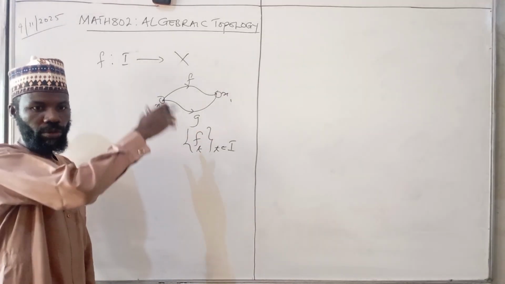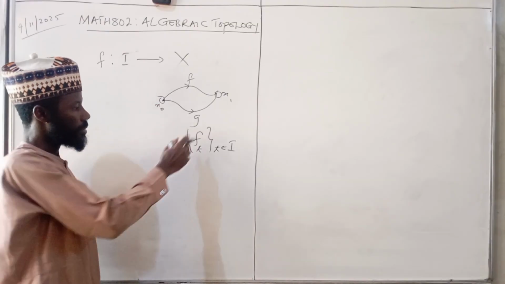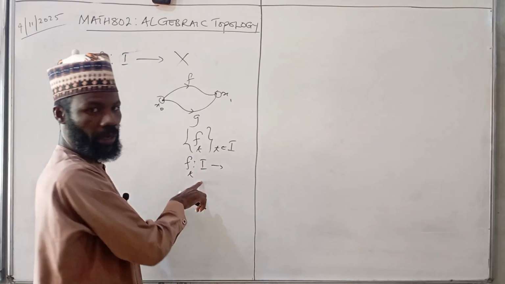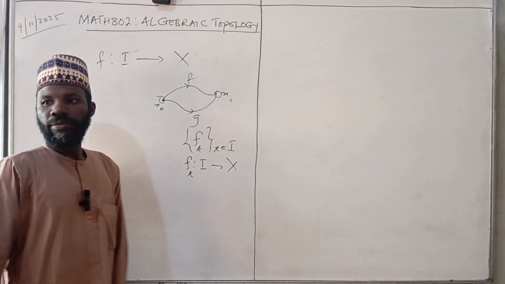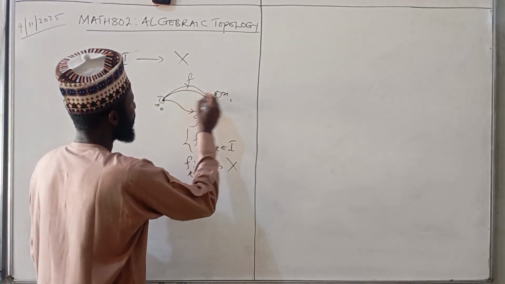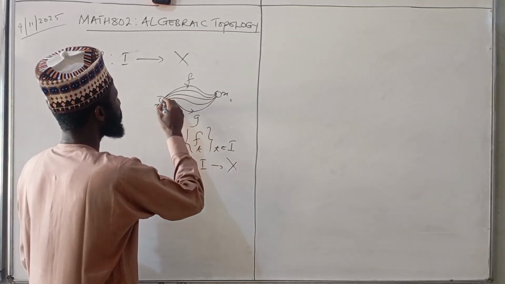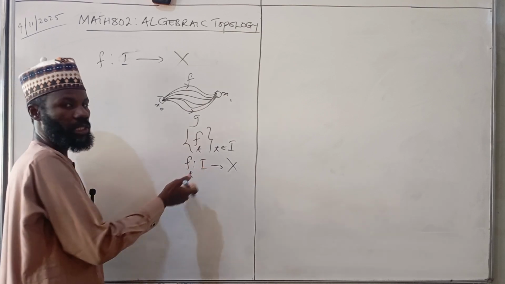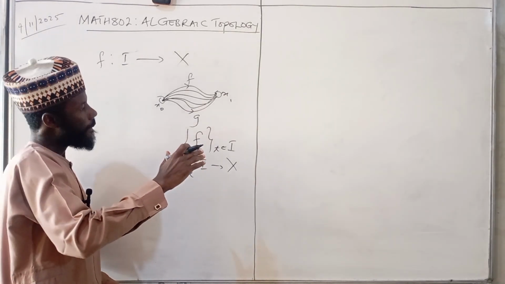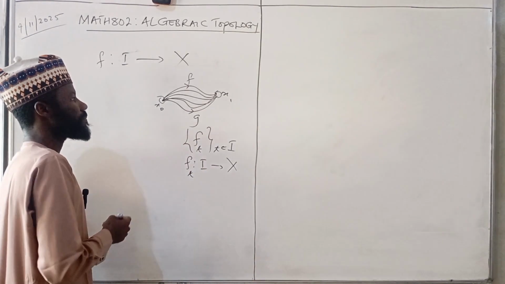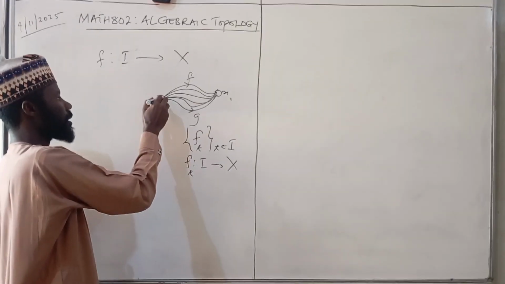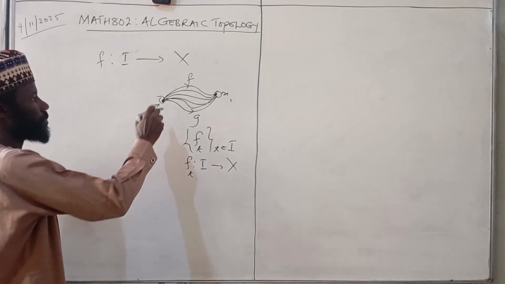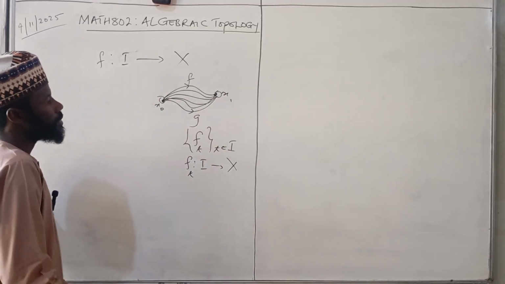This time around it should be a continuous family of paths, so these maps should be from the closed bounded interval into X. It's just like a family of paths that transform this path F into G over a time interval of 1. And throughout the homotopy, the points x0 and x1 are fixed. That is what we mean by relative to the endpoints.